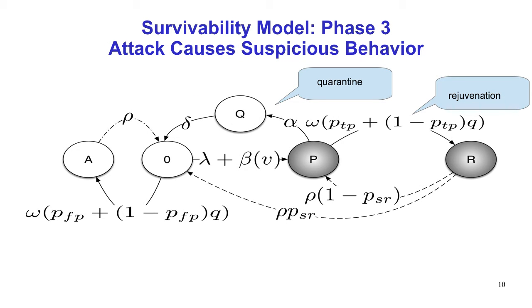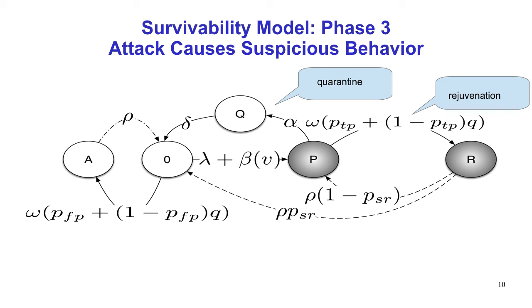In phase 3, attacks cause suspicious behavior. And we show here that in phase 3 we have different rates of transitions because of the different detections and attacks.